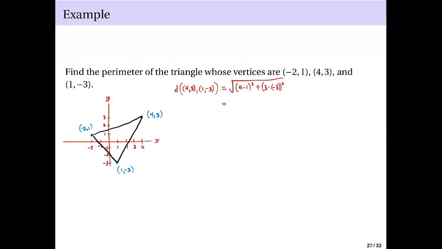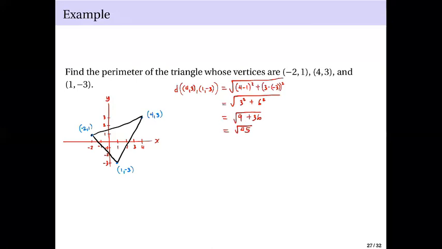So if we simplify this, we will have the square root of 4 minus 1, that's 3 squared, plus 3 minus negative 3, that's 6, so 6 squared. 3 squared, that's 9. 6 squared, that's 36. So in here we have the square root of 9 plus 36, that's 45.